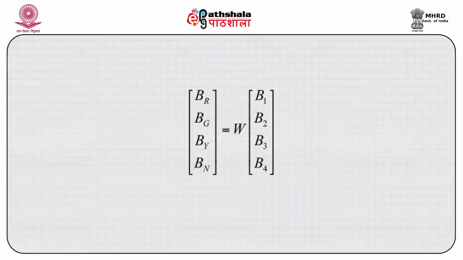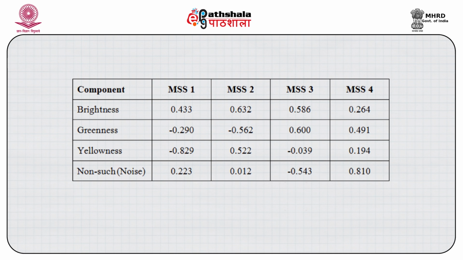Then here B1, B2, B3, B4 are 4 different bands of the multispectral image. W is a weight function suggested by Kauth and Thomas for brightness, greenness, yellowness and non-such.